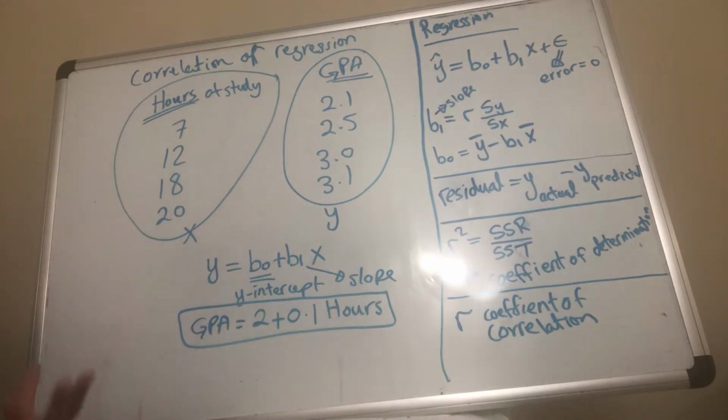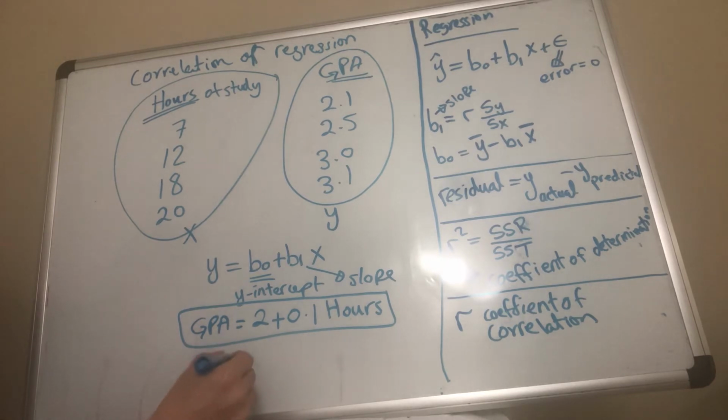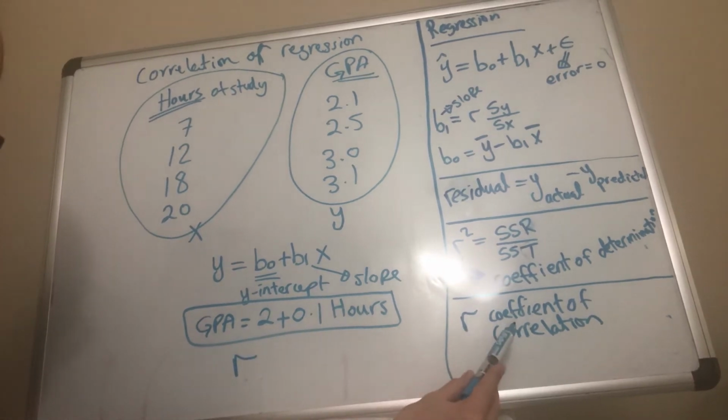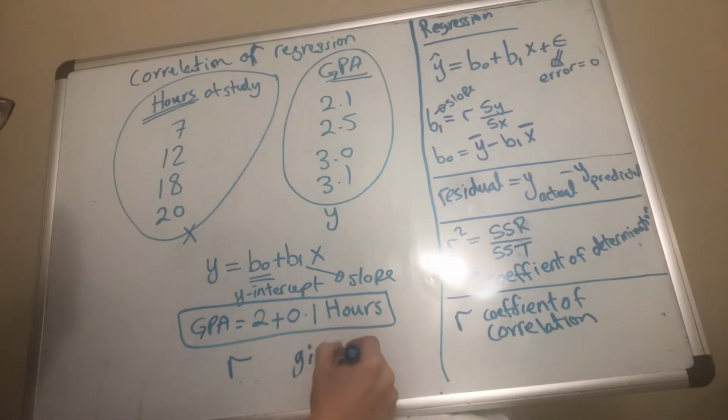If I ask you to predict the GPA of someone who studies 10 hours, you plug in 10, and that tells you what the GPA is supposed to be. How good this relationship is, you know from the value of R. R is the coefficient of correlation, and it's going to be given in the question.